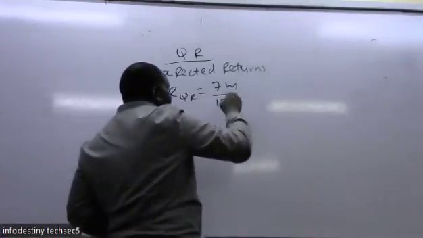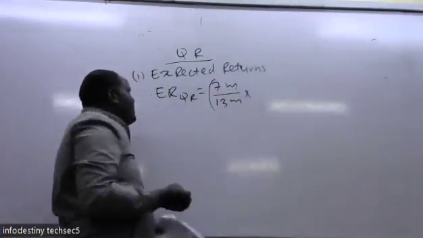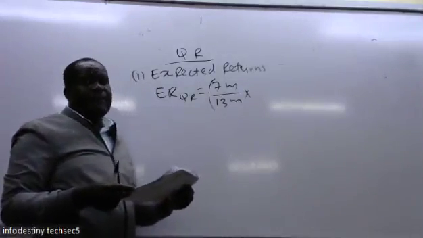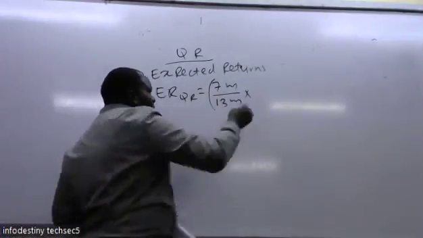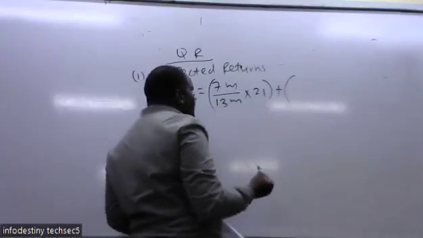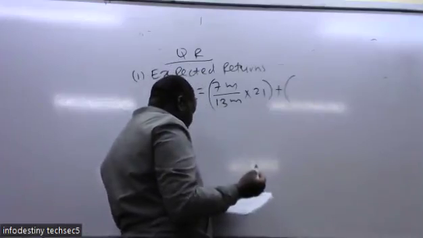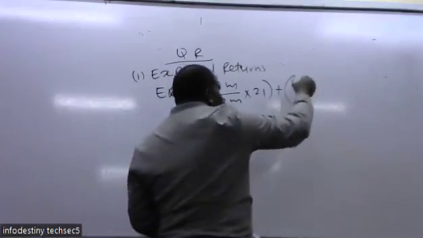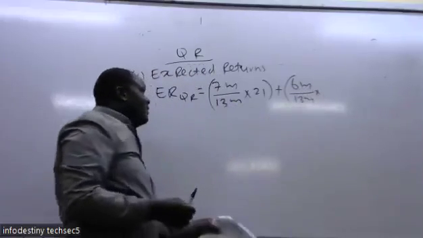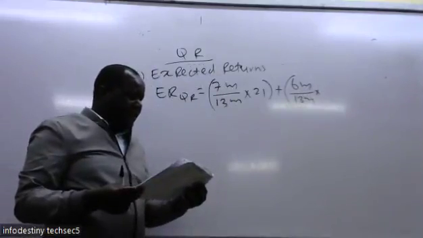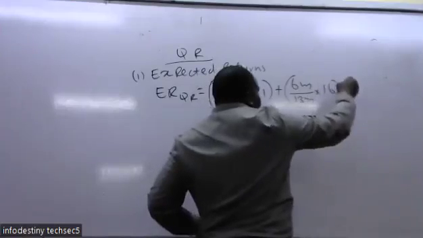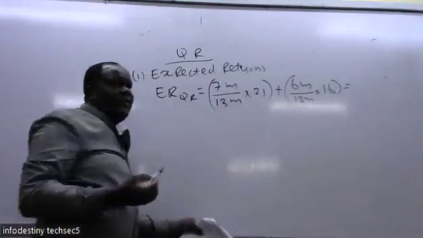You divide by 13 million, multiplied by the expected return for Q, which is 1. Then for R, it is 6 million divided by the total, 13 million, multiplied by the expected return for R, which is 16.